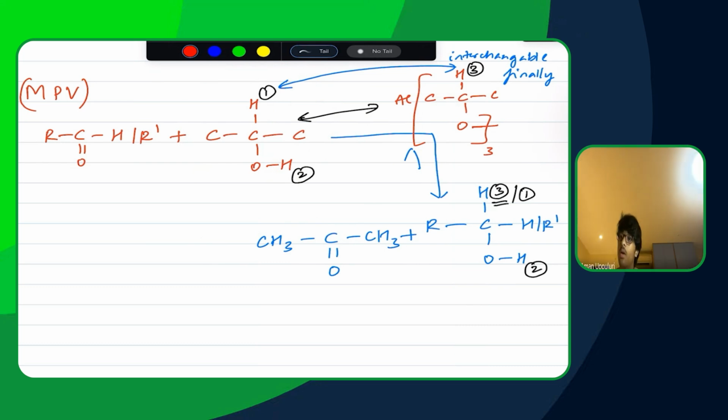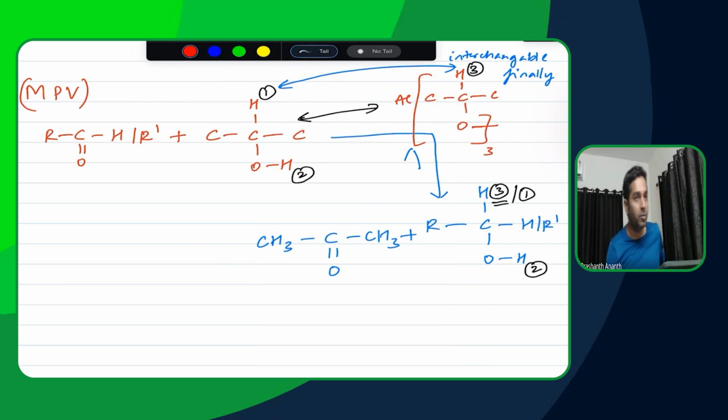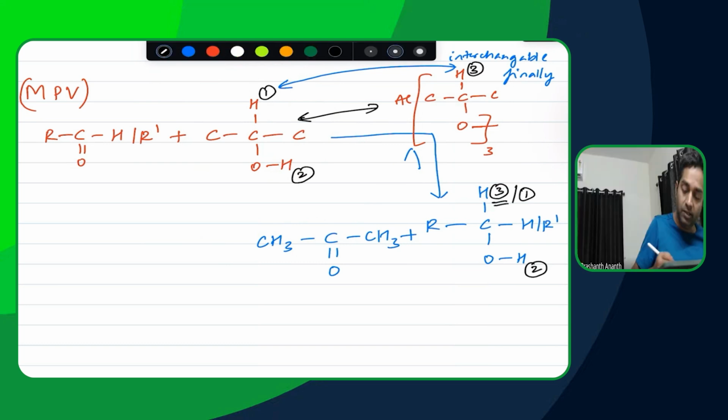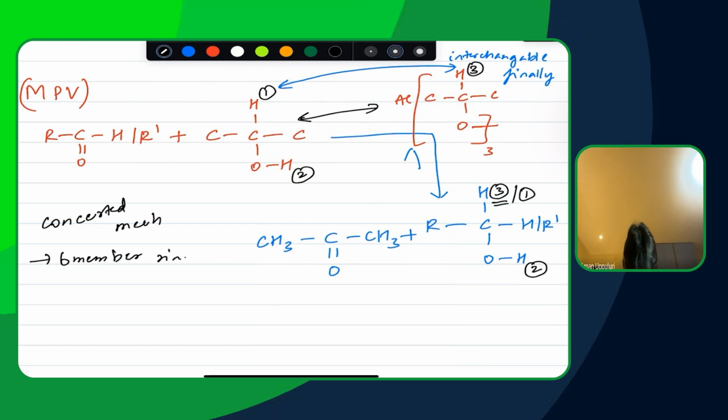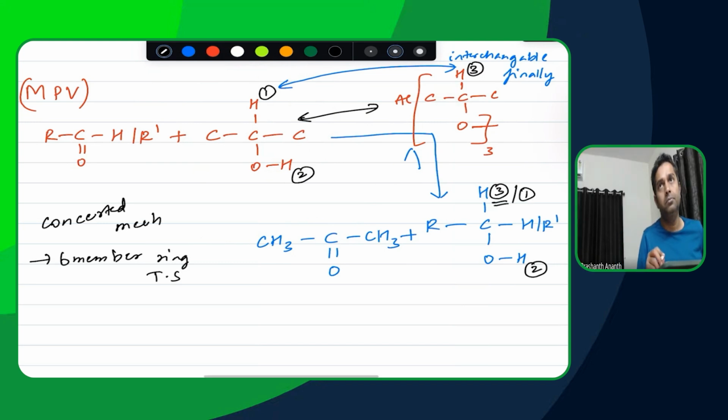So this is basically what is going to be happening, and you can think of this as a concerted mechanism, a six-membered ring transition state, something like a redox. Not exactly a redox, but consider this enough. Actually, this is more than sufficient.